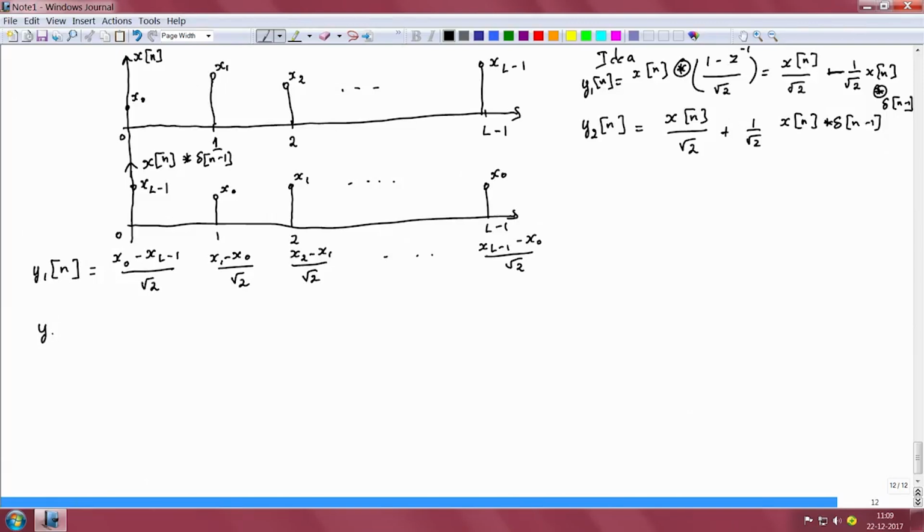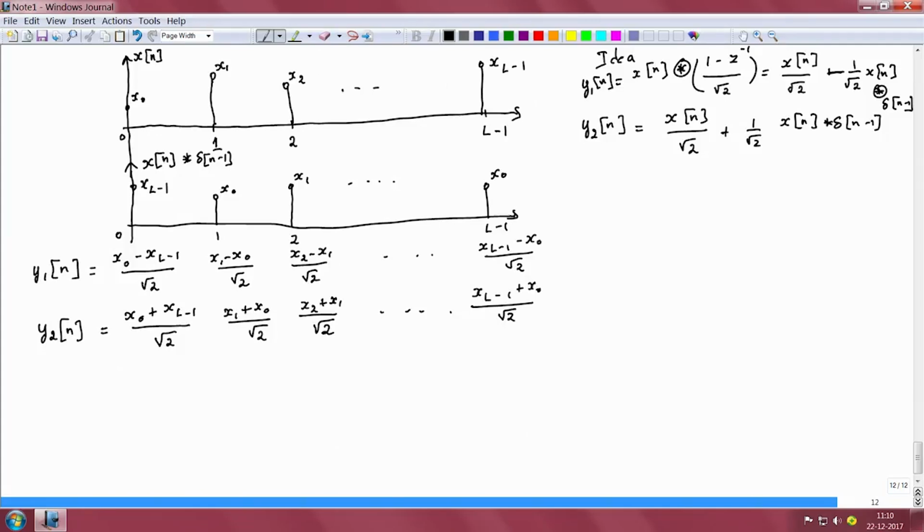Similarly, we have y 2 of n, where instead of these negative signs we will just have the addition signs. So, here we have x naught plus x L minus 1 by root 2, x 1 plus x naught by root 2, x 2 plus x 1 by root 2, and the last one is going to be plus x naught by root 2.